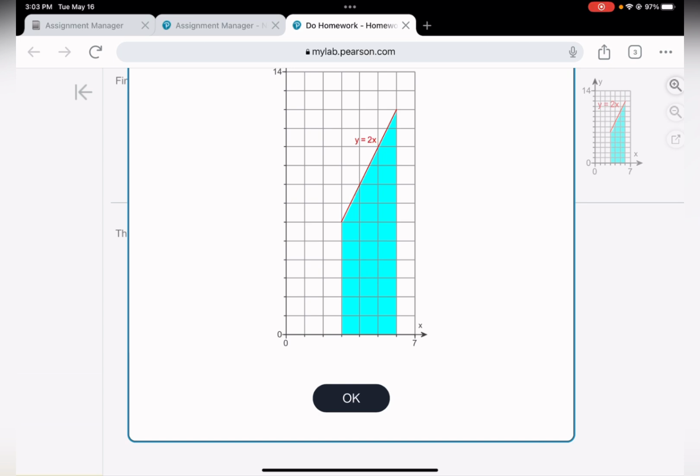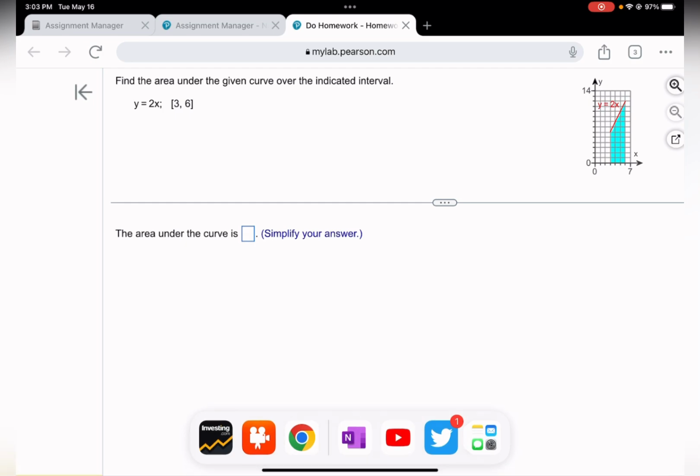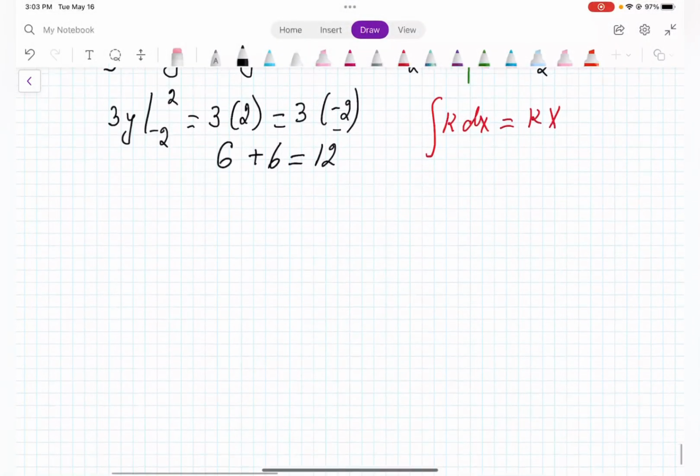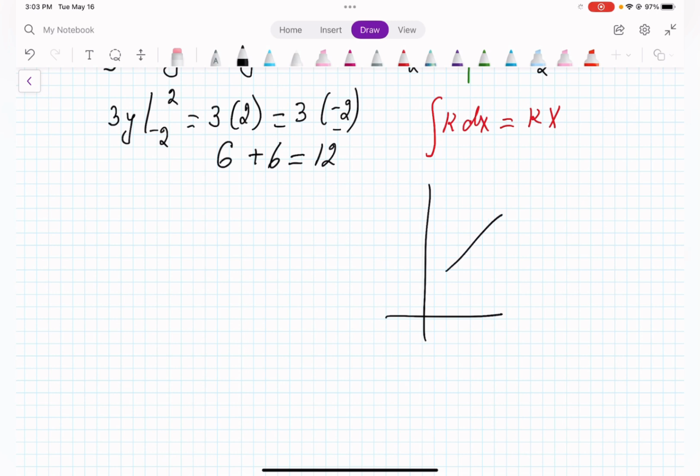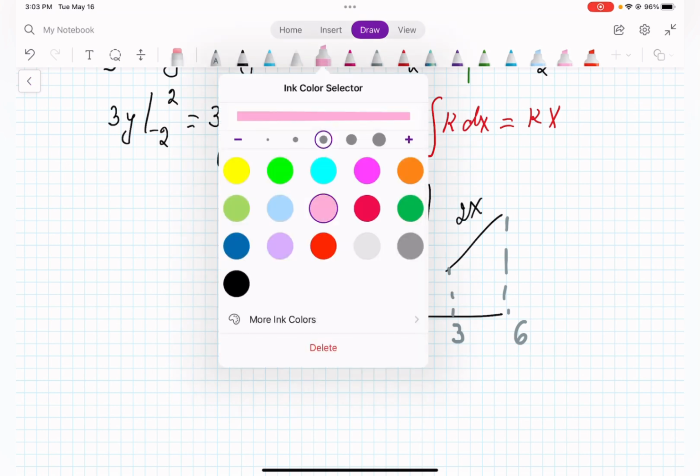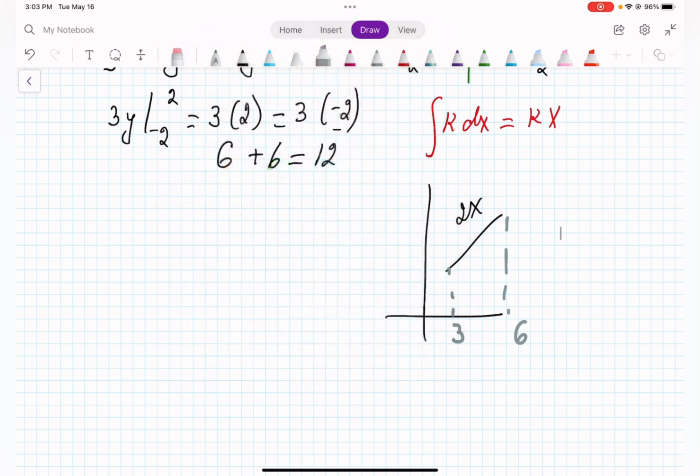Let me show you. So this is the graph, 2x, and when I say 3 and 6, that's what I mean, 3 and 6. We need to find this area.